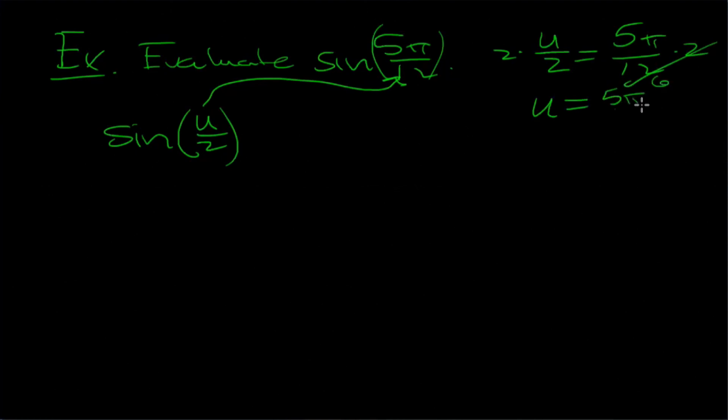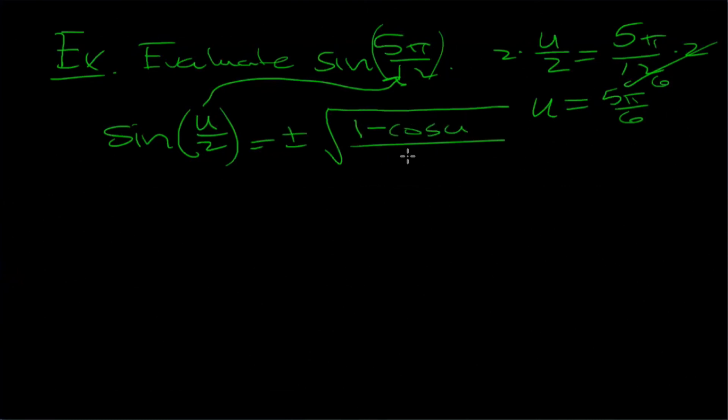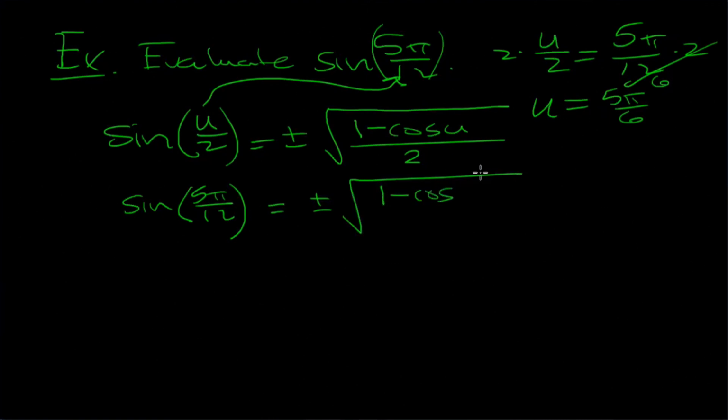5 pi over 6. So then when I go to calculate my identity using the half angle identity, sine is the square root of 1 minus cosine of u over 2. I need to know cosine. And in this case, my u is 5 pi over 6. So sine of 5 pi over 12, which is my u over 2, would be the square root of 1 minus the cosine of 5 pi over 6.